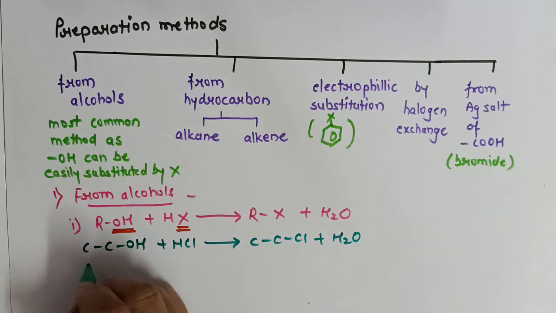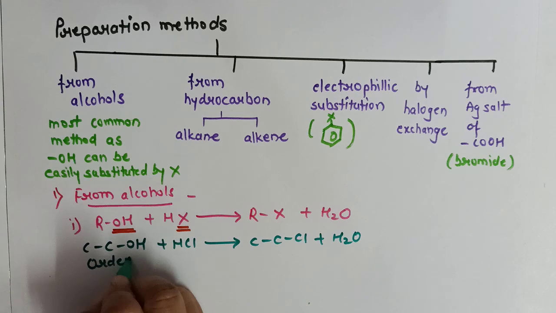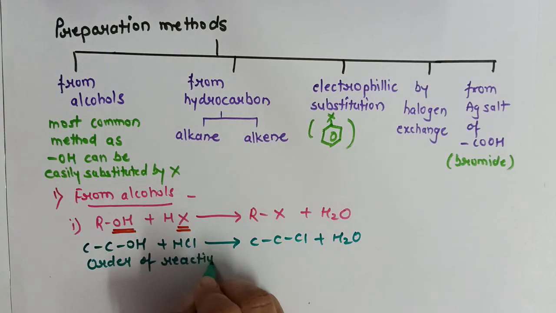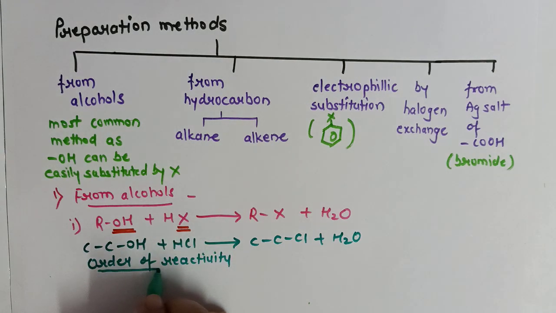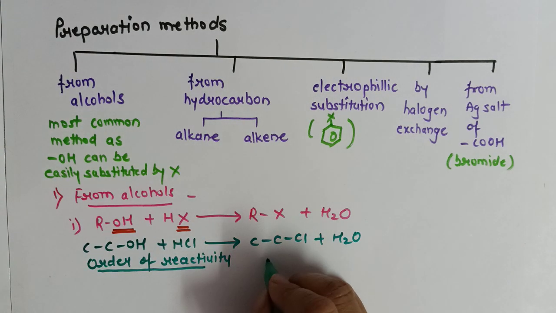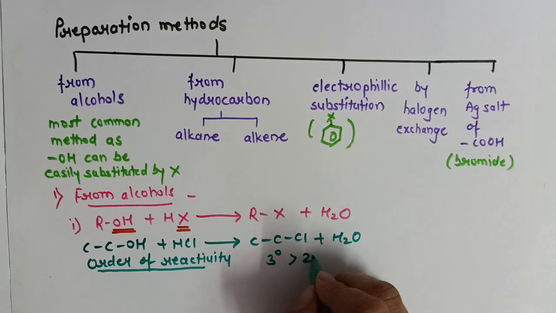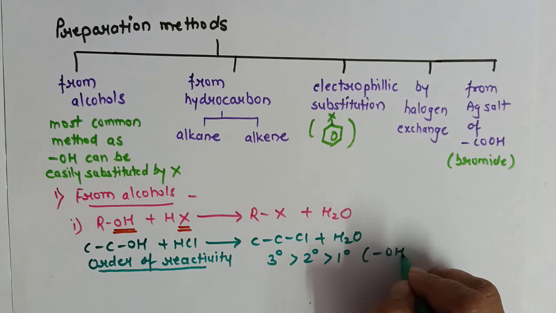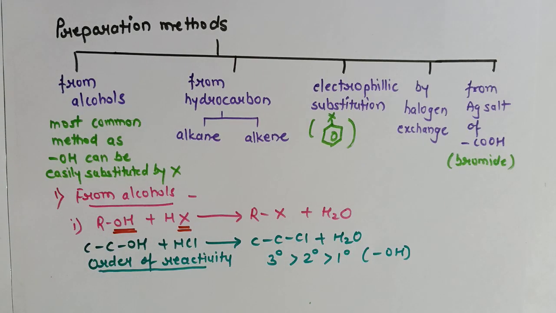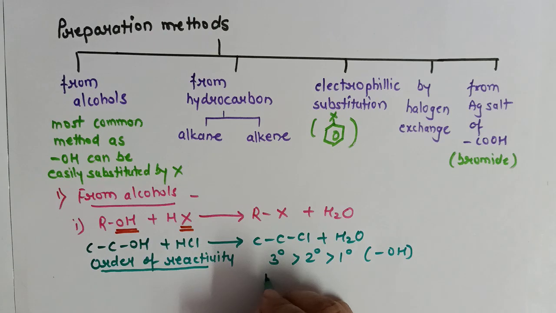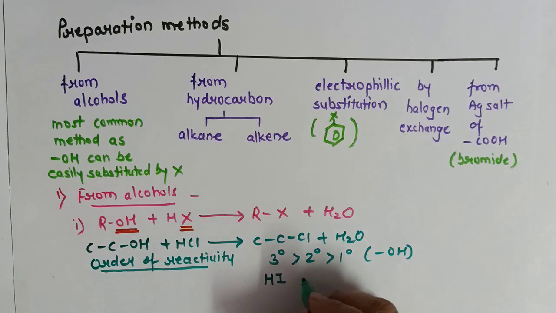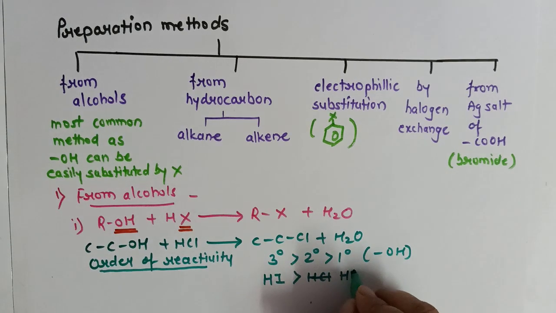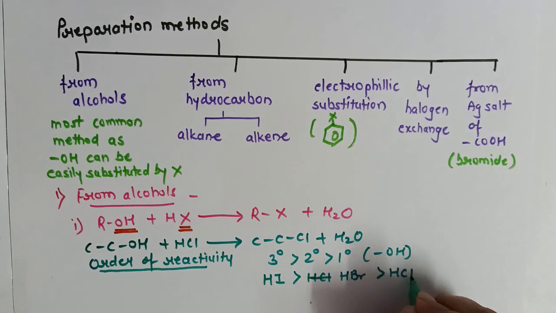Now you can take any other simple alcohol and carry out its reaction with hydrogen halide. But we have to consider the order of reactivity in this. Order of reactivity means the one which will react faster. 3 degree alcohol reacts faster than 2 degree alcohol, than 1 degree alcohol. This is for alcohols. Whereas if I speak about the hydrogen halides, hydrogen iodide will react faster as compared to HBr, as compared to HCl.